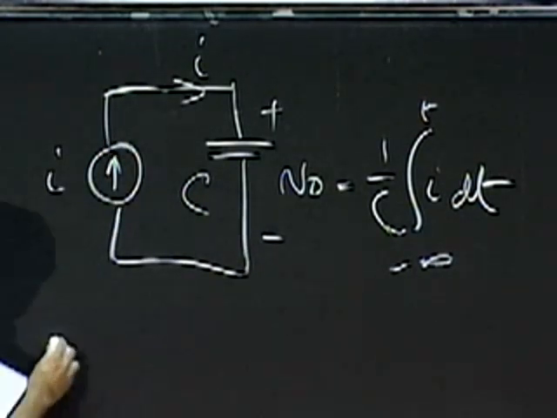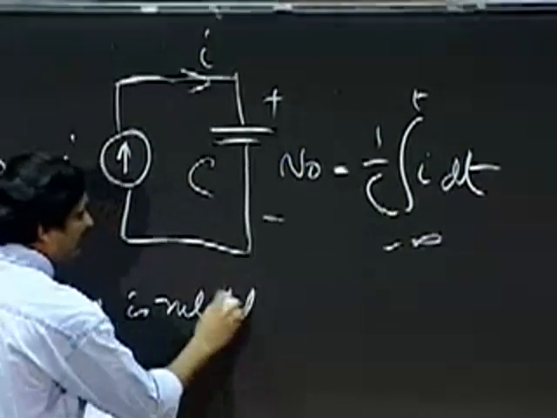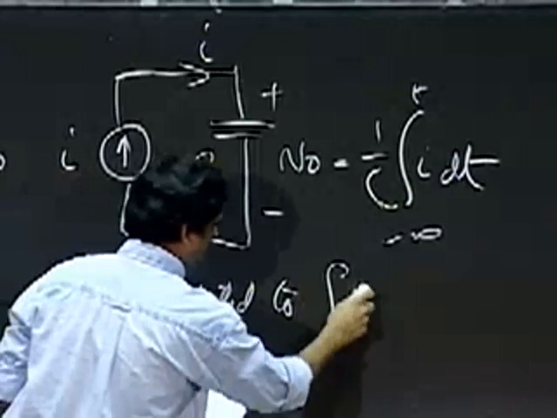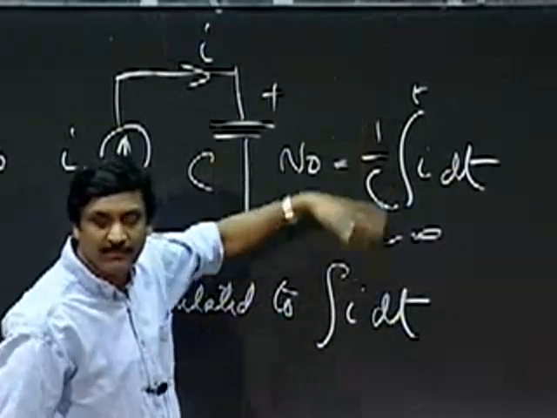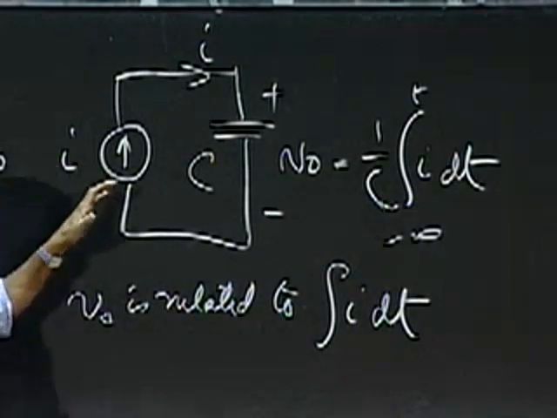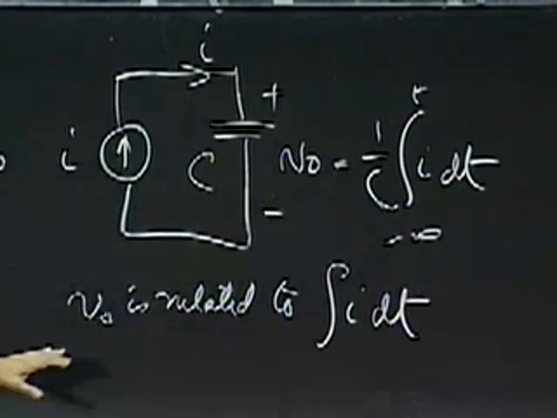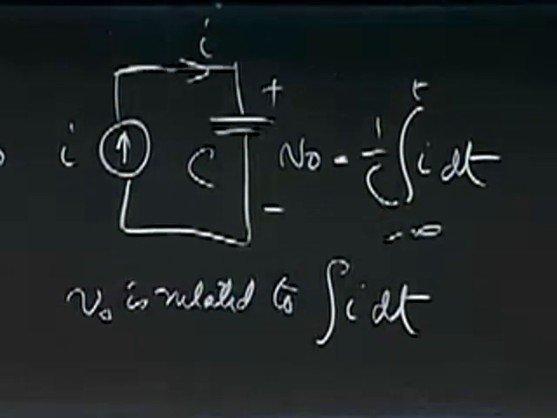So notice then that V0 is related to the integral of I dt. So I have some multiplying constants and so on. But fundamentally, what I found is that if I can stick a current through a capacitor, then the voltage across the capacitor relates to the integral of the current.